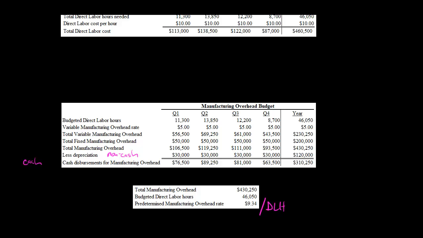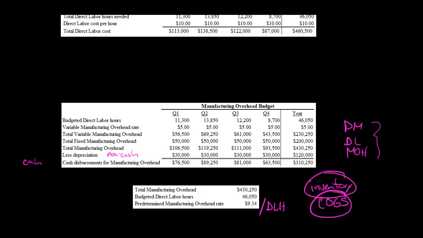This is going to be useful. So you might be saying, why are we doing this? Well, we're calculating this predetermined manufacturing overhead rate because we're going to use it when we go to calculate the company's ending inventory balance and also its cost of goods sold. Because remember, manufacturing overhead is a product cost. Okay, we've got direct material, we've got direct labor, and we've got manufacturing overhead. These are all product costs, and so they're going to be used to calculate the ending inventory and the cost of goods sold.